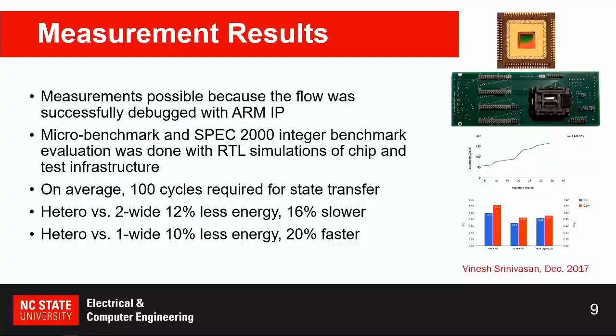Also, if we just had the small core, the one-wide, we could get a faster execution by migrating parts of it to the two-wide core. And so we were able to show that by having the stack, we could get something better than having either one, and that was the main research goal. So it was successful, and again, it was thanks to having that ARM IP that it was successful.